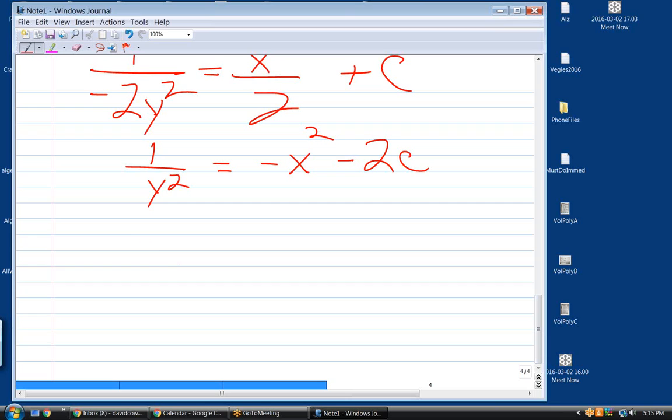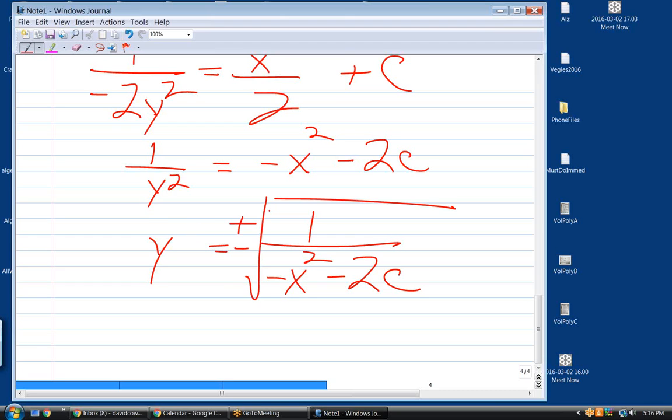Which means y squared equals 1 over minus x squared minus 2c. Which means y is equal to plus or minus the square root of that. So now we have our f of x, that's f of x, same thing as y.